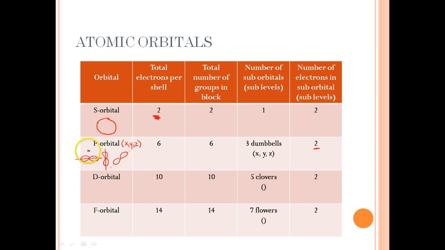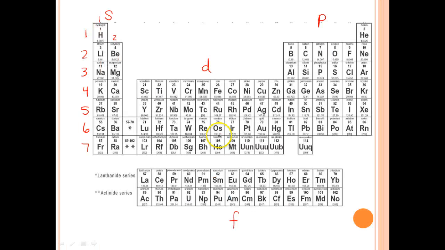So you can have 2 electrons go into this one, 2 electrons into this one, 2 electrons into this one, and this gives you a total of 6. Now this number matches perfectly with the numbers in the group because there are 6 groups. There are 1, 2, 3, 4, 5, 6 groups in the p block, meaning it can hold 6 electrons.